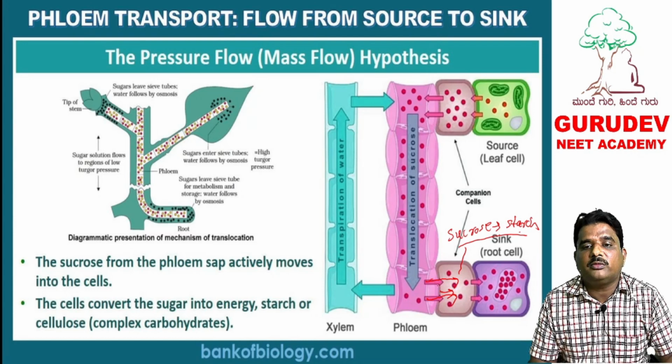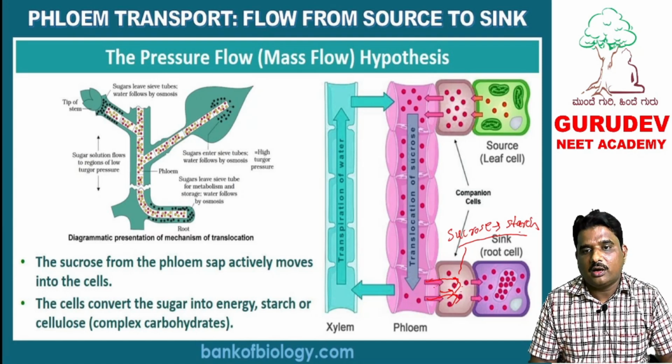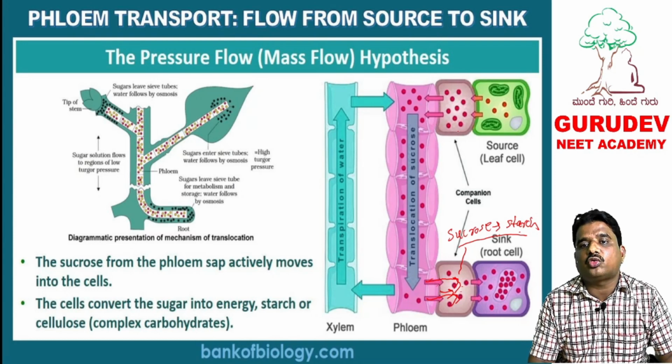So from the phloem, the starch is removed into this root cell, and the root cell starch is stored there. Continuously starch is removed, and continuously sucrose is transported here. Again sucrose is converted into starch, and starch is removed.